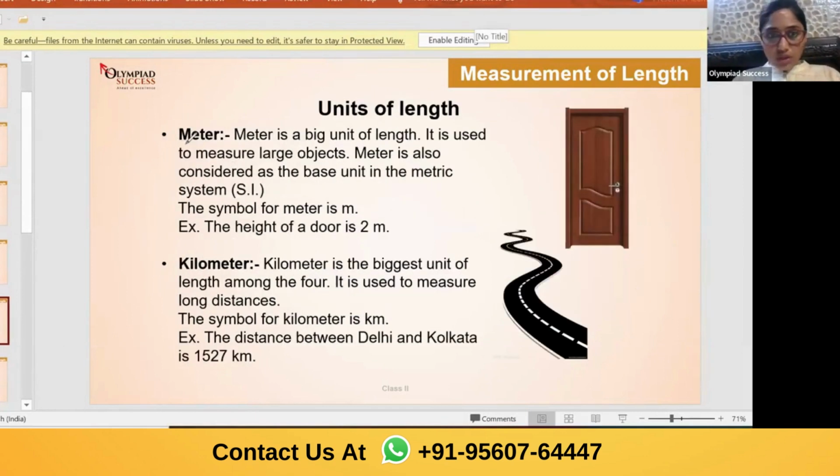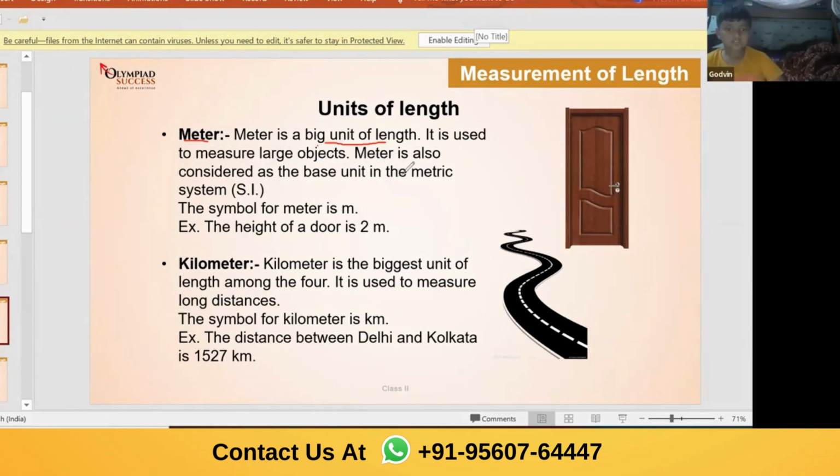Okay, who will read? Krishna? No, Govind. Govind, read meter. Meter is a big unit of length. It is used to measure large objects.